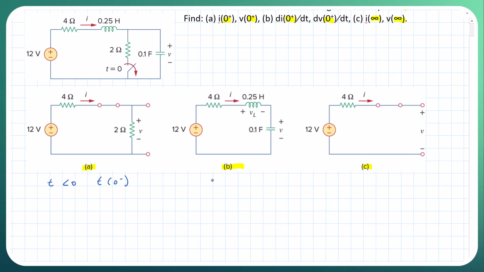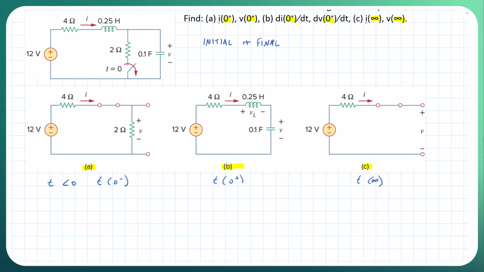The second here is going to be immediately after the switch is opened, t0 plus, and then the last one is going to be at t as it reaches infinity. So those are the three states we want to come up with to get the initial and final conditions. So in this problem, we're looking at initial and final conditions or states, okay, values.